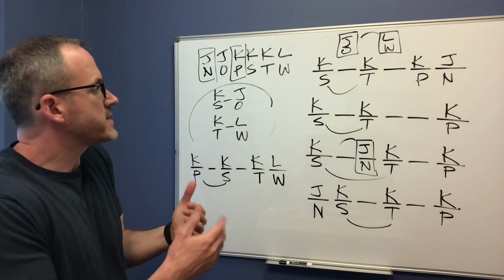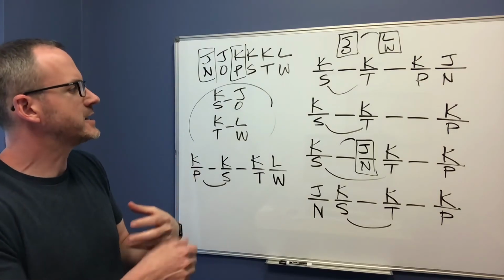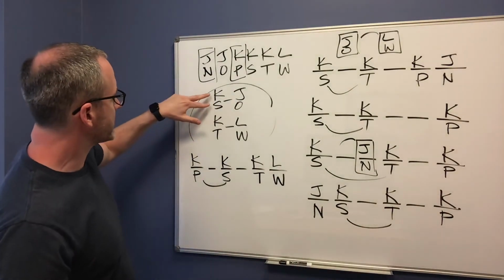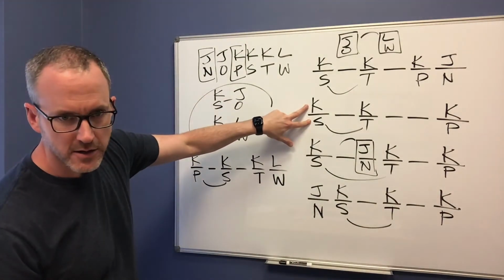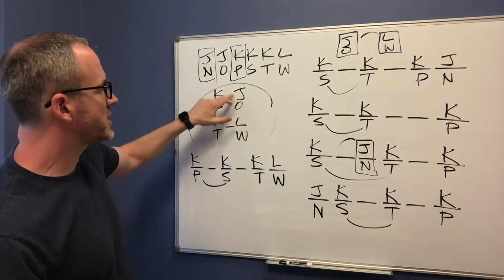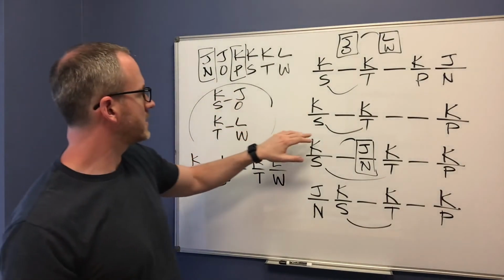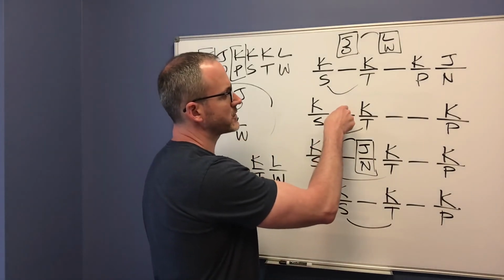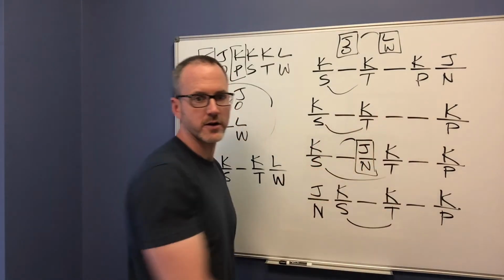Yeah. And here's part of the problem. They come sometime after, right? So for example, if I commit KS to here, well, I know that JO has to come sometime after KS, but it doesn't necessarily have to go here. It could go here or here.